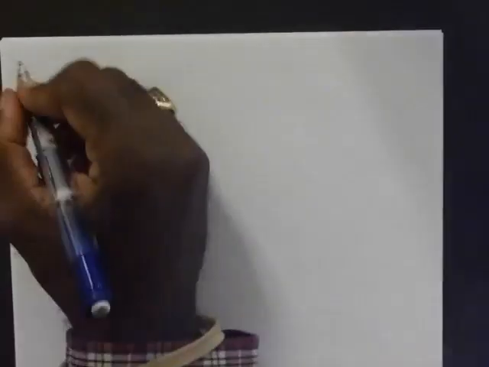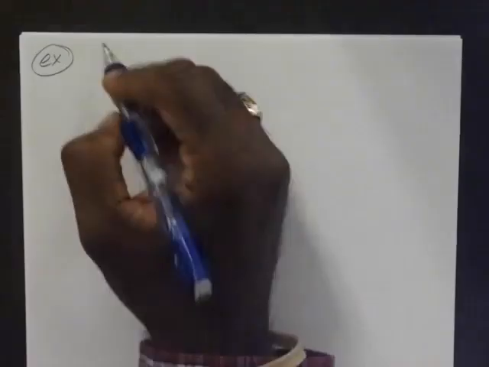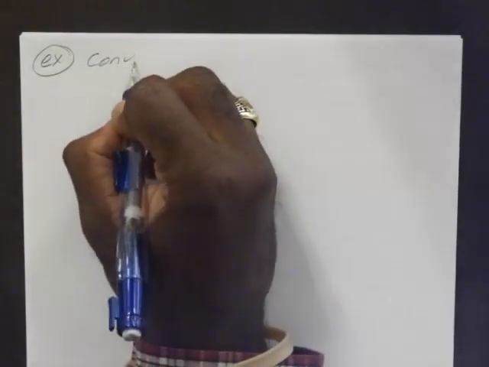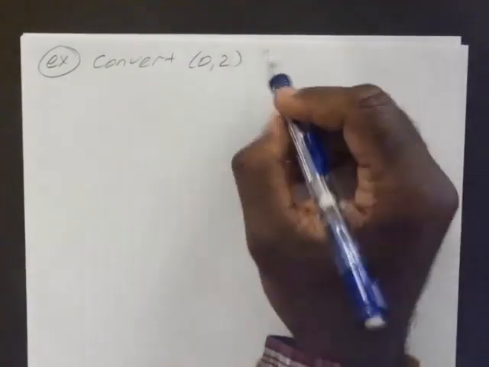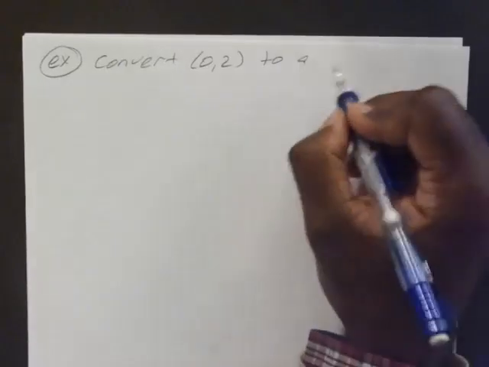Okay, now this one is actually one of the little tricky ones you might run into. So I figured I'd show you how to avoid being stuck on a problem like this. So what if we wanted to convert the point 0, 2 to a polar coordinate?